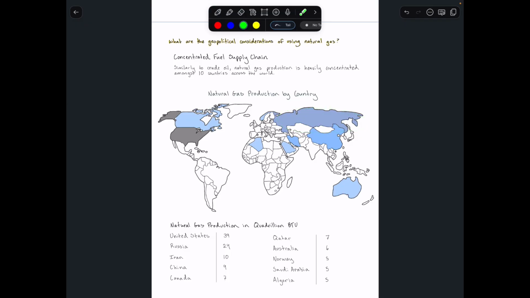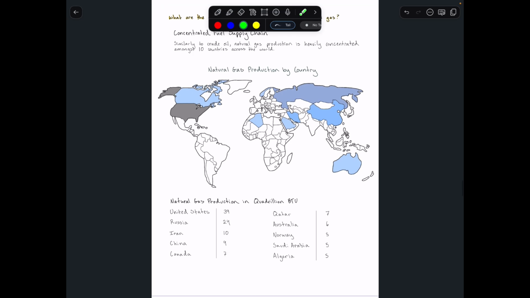And then we have a handful of other countries such as Iran, China, Canada, Qatar, Australia, Norway, Saudi Arabia, and Algeria that also produce a significant amount of natural gas. But if you are pretty much any other country in the world, this is a pretty concentrated supply chain of natural gas across 10 countries here.